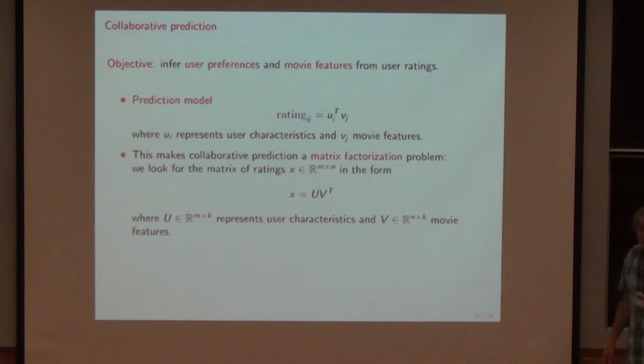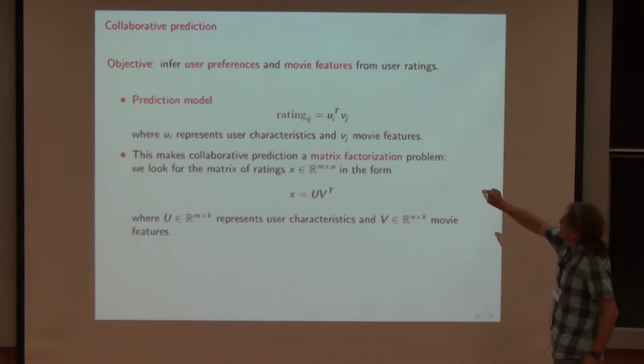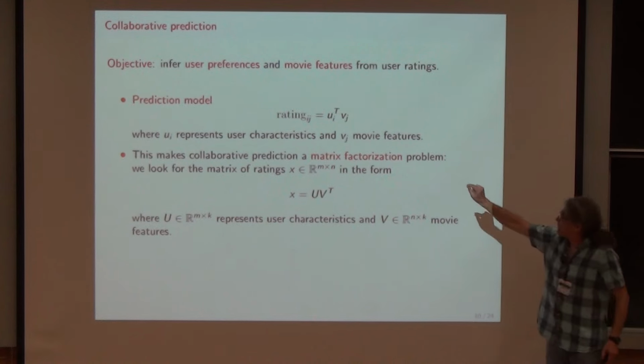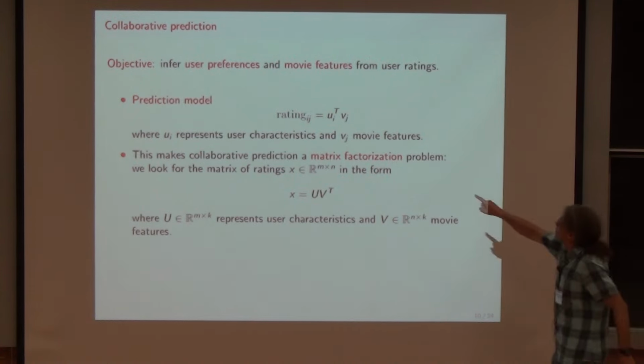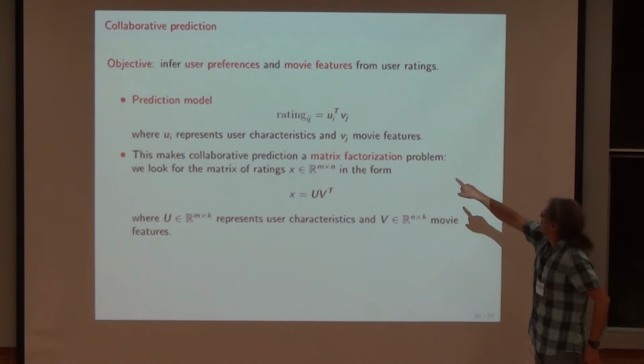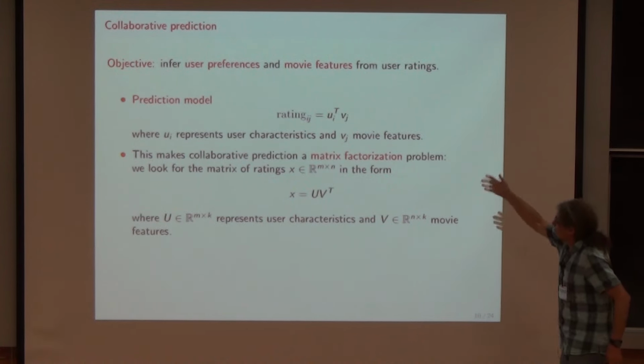in fact, that this matrix has a small rank. Look, for each user, the rating of each user for each movie, you can represent it just like a product. For each user, you can say that the rating of movie i by the user j will be the scalar product of 2 vectors.